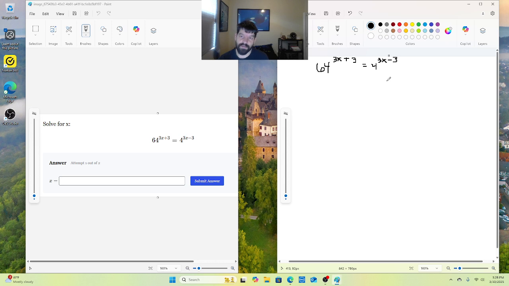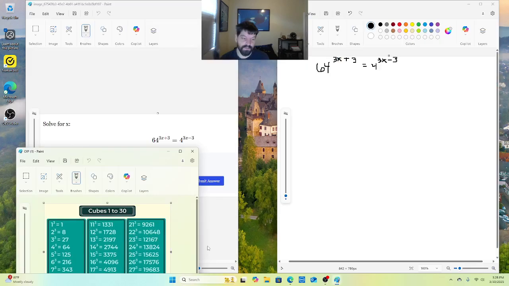So the way that we're going to do that is by asking ourselves, what kind of relationship do 4 and 64 have in common? Well, if we look at our perfect cubes, we have that 64 is a perfect cube of 4. So we're going to use that to represent 64 as 4 cubed.